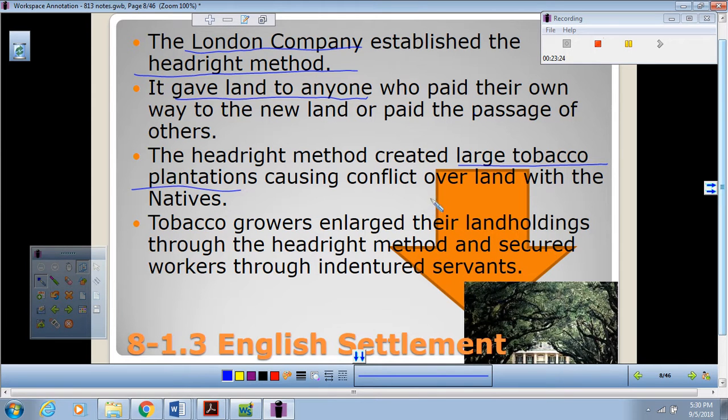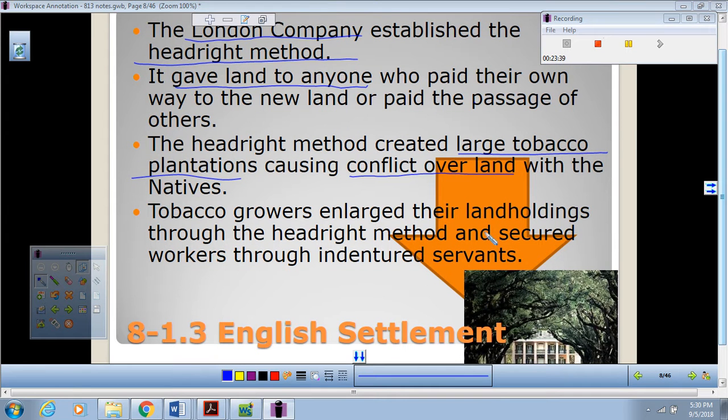These tobacco plantations, of course, which were an imposition on the Native American land, caused conflict over the land with the natives. Tobacco growers enlarged their land holdings through the headright method, just like I described for Sally, and secured workers through indentured servants.